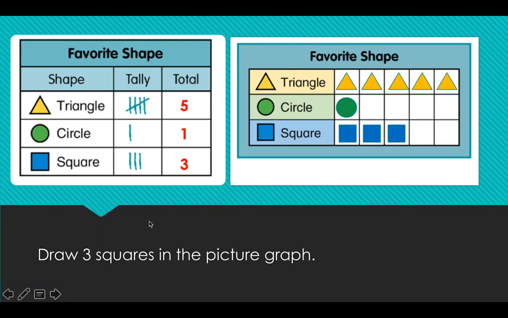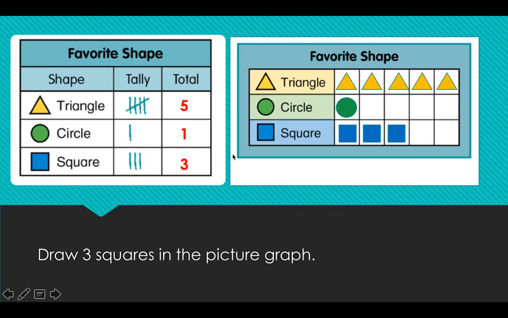If I take a look at my tally chart, I see that there is a total of 3 people that said square is their favorite shape. So I can draw 1, 2, 3 squares in my picture graph to show the votes of 3 people. Go ahead and draw in the shapes to make sure your picture graph looks like mine.